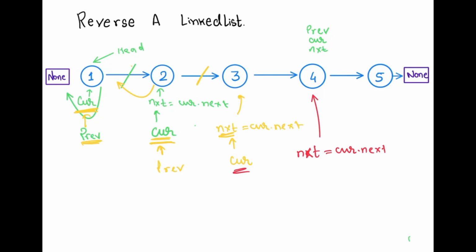So I will break the connection from 3 to 4, that is current dot next, and update it by setting it to the previous node. So basically the command is going to be current dot next is equal to previous, and previous is the node with value 2. So now my current dot next will be pointing to the previous node, and then I will shift my previous to current, set my previous to current, and move my current to next.